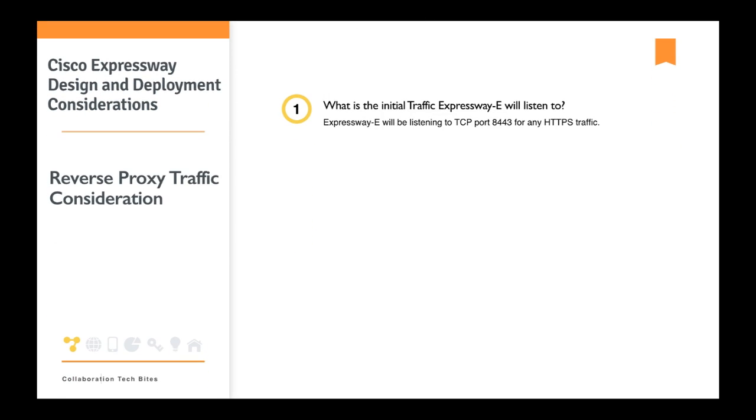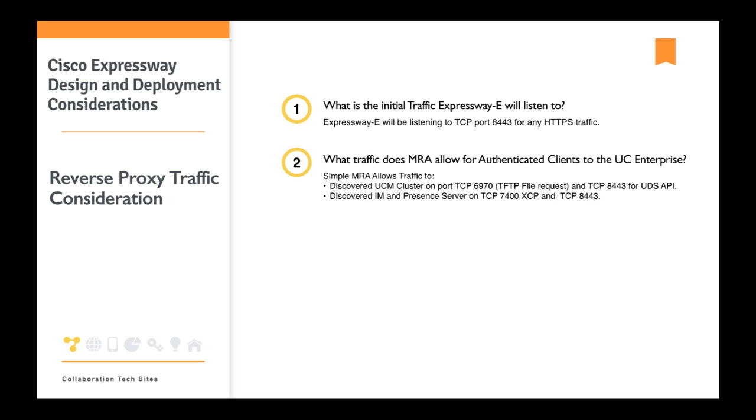Okay, so the second consideration is the reverse proxy traffic. What is the initial traffic Expressway will listen to? Expressway E will listen on 8443, which is the TCP port that will accept HTTPS traffic. What traffic does MRA allow for authenticated clients to the UC enterprise?